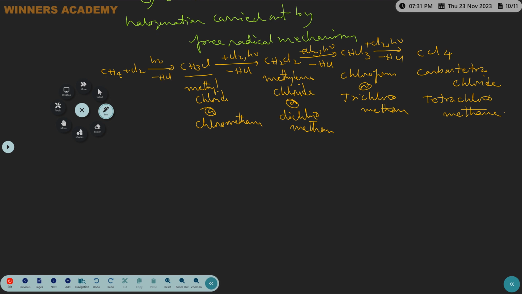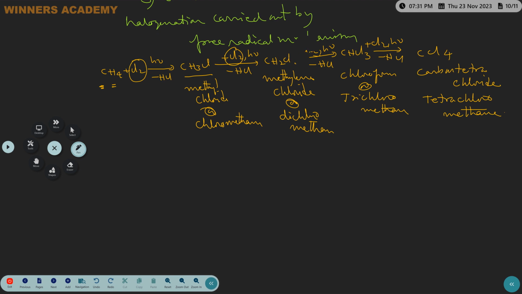Okay. See here, the question is like this now. Here 1 mole of methane reacts with how many moles of chlorine? 4 moles of chlorine. 1 mole of methane. Here 1 mole Cl2, here another mole, here another mole, here another mole.